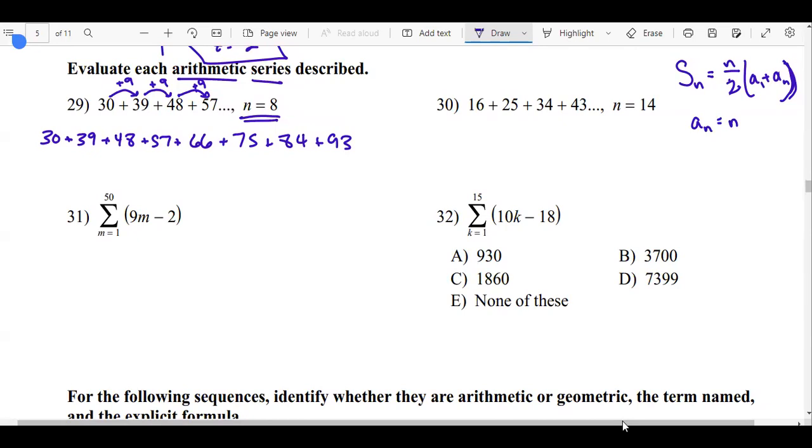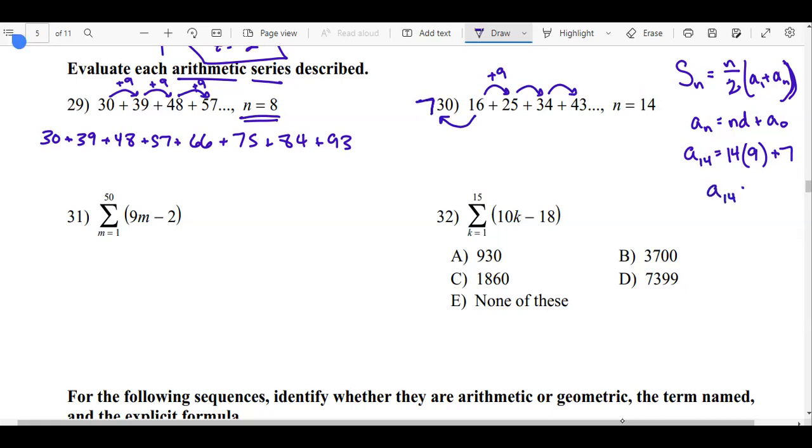It's just nd plus a0. So in this case, the 14th term is 14 times the common difference. So what's the difference between these terms? Again, we're adding 9. 9 goes there. And what is term 0? It's the term that would have come before 16, also known as 7.